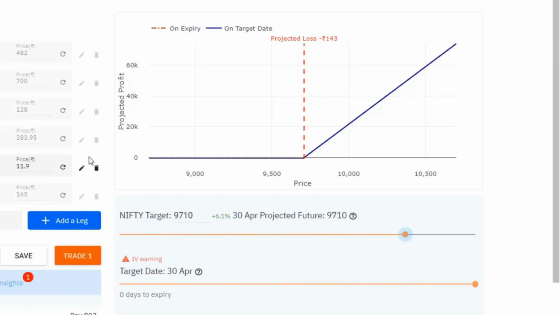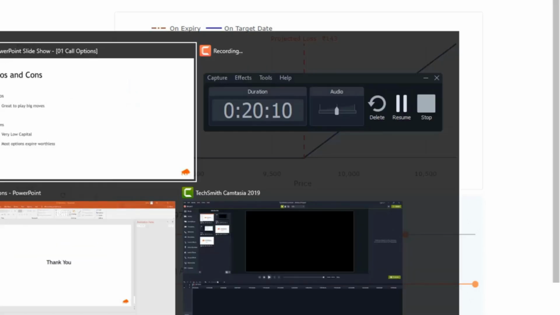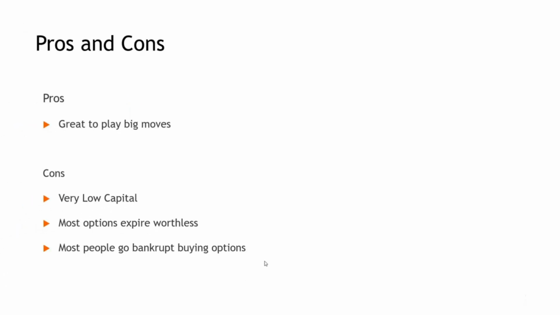But for 12 rupees, that is 12 into 75, it's a very cheap option, around 900 rupees in premium. It is very attractive to gamble with this, and therefore this low capital requirement makes it very dangerous, and it will most probably expire worthless. Most retail investors go bankrupt by buying options. So it's a great idea to stay away from these lottery ticket options.